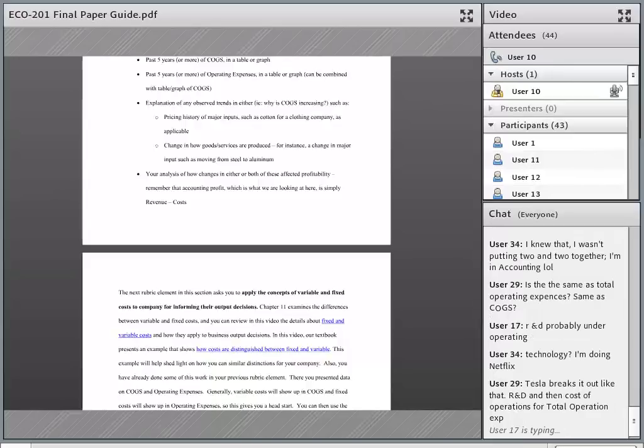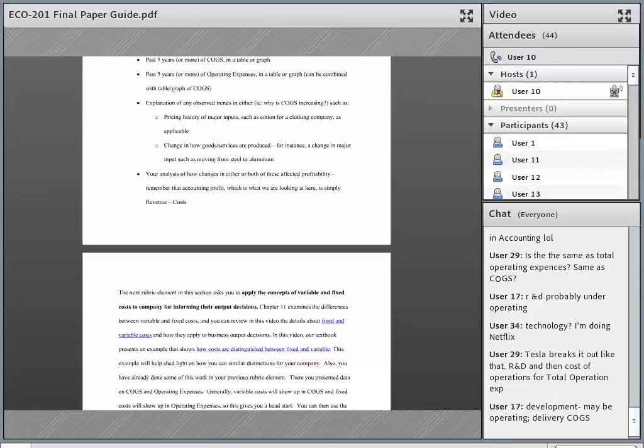Well, good. Yeah, Tesla makes your work a lot easier. So Carrie asks, technology. I'm doing Netflix. So Carrie, in your case, and we haven't quite got to that element yet, but that's maybe a good segue. A lot of, obviously, what Netflix does is fixed cost, at least short-term fixed cost. So in a case like Netflix, let's say they produce a new show, because they've got a lot of their own shows now.